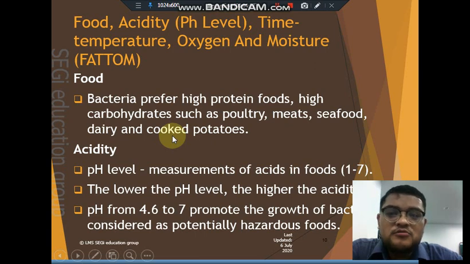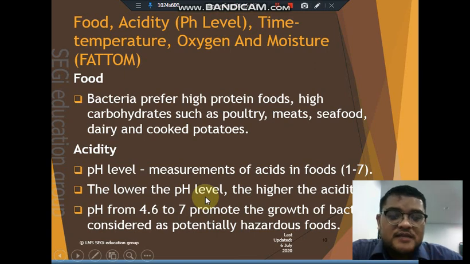growth. Number 2 is acidity level. When you have food very high in acid, you will find that the food will not have any problem. Guys, I think you know the pH level. pH level is actually the measurement for acidity and also alkalinity.